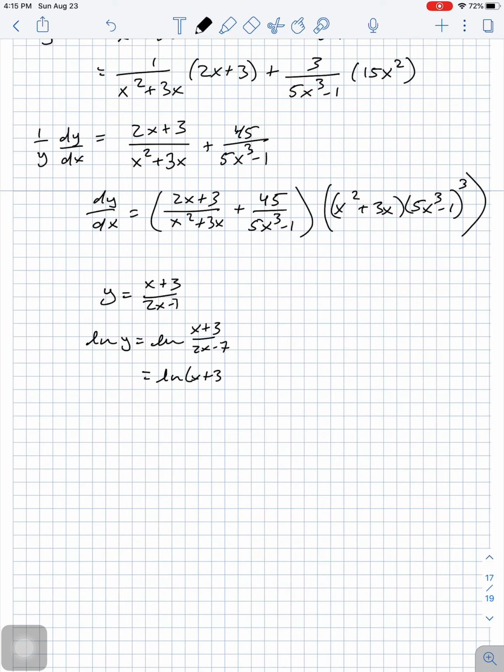So this becomes the natural log of x plus 3 minus the natural log of 2x minus 7. So this becomes 1 over x plus 3 times the derivative of the inside function, which is 1, minus 1 over 2x minus 7 times the derivative of the inside function, which is 2. And this is 1 over y dy/dx, and then you multiply through by y.